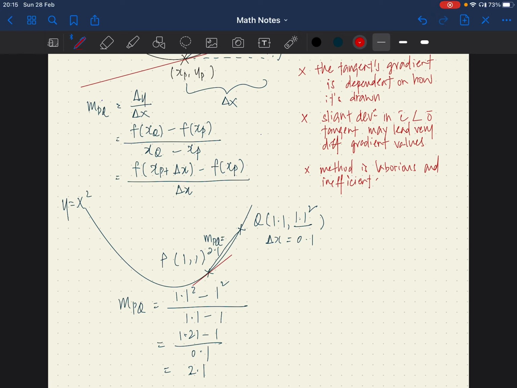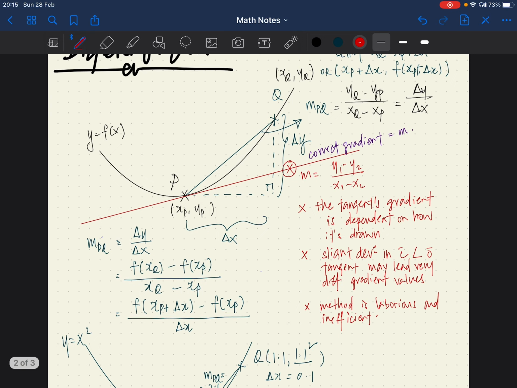Let's say the red line is the actual gradient. So this gradient M here will be the actual gradient of the curve at point P. But right now, I have the gradient joining P and Q, which is 2.1. So I hope you can see clearly that the gradient 2.1 cannot represent the value of M, which is the red line's actual gradient. So then how do we make this process better?